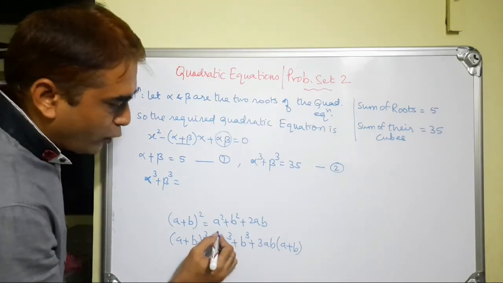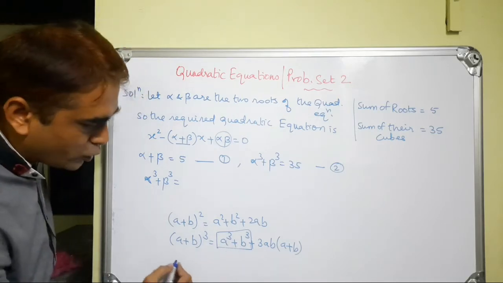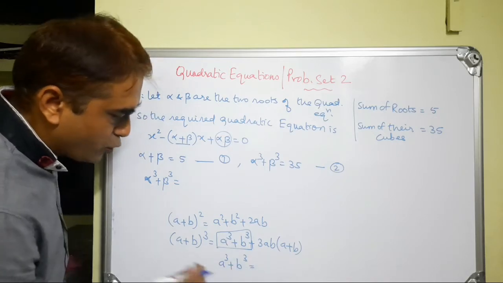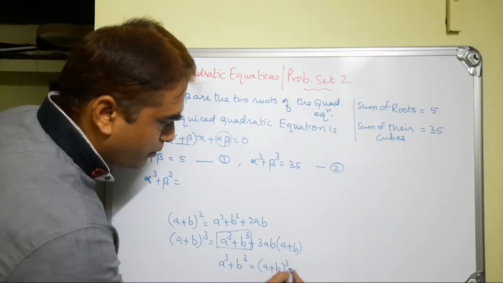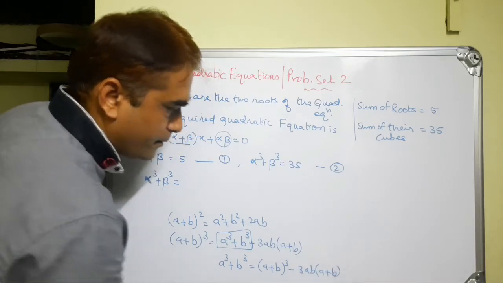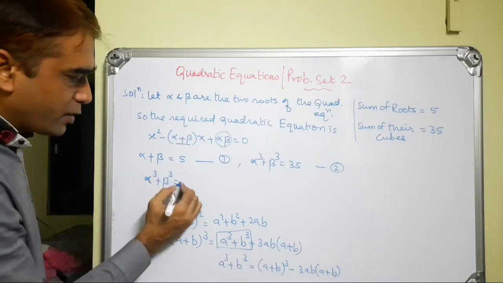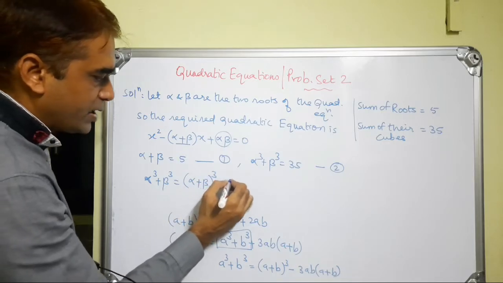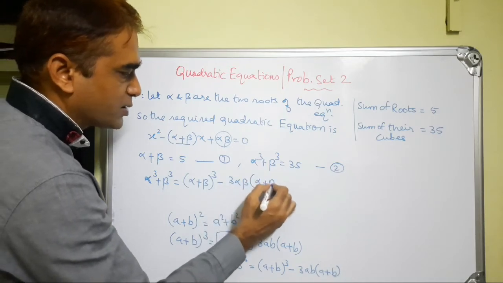So for finding alpha cube plus beta cube, we can write a cube plus b cube equals (a plus b) whole cube minus 3ab(a plus b). So we write here that alpha cube plus beta cube equals (alpha plus beta) whole cube minus 3 alpha beta (alpha plus beta).